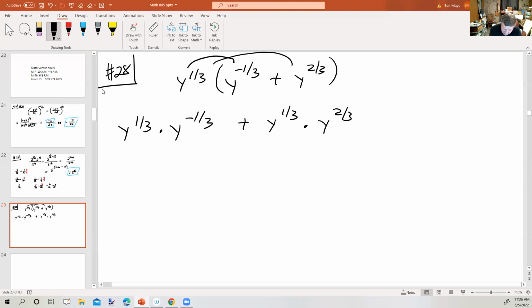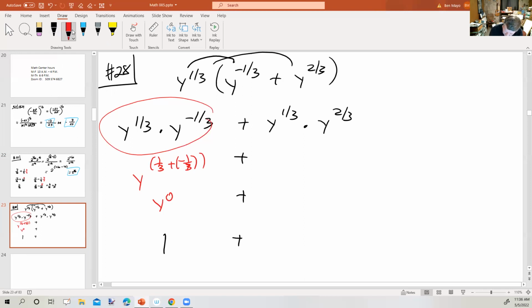Multiplying two powers with the same base, we add the exponents. So here we get y to the 1/3 plus negative 1/3. 1/3 plus negative 1/3 is 0. Y to the 0 power is just 1.